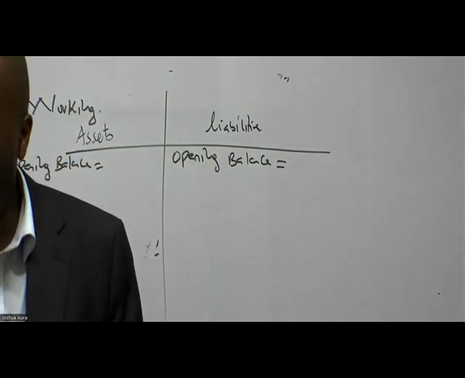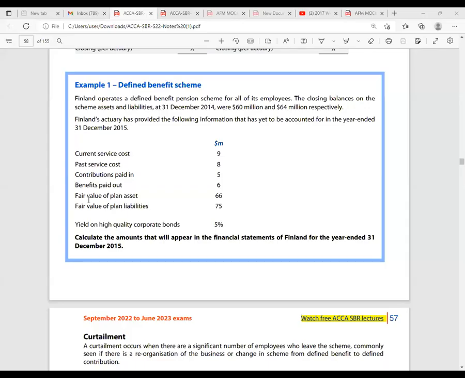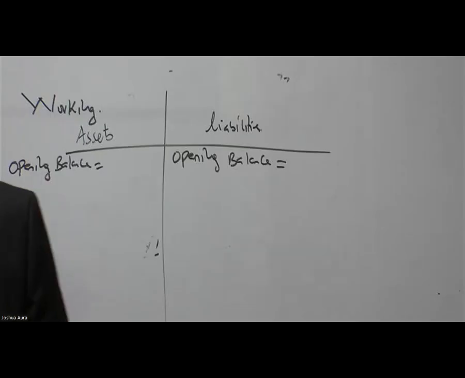Oh, yes, he has done this. They have told us the closing balances on the scheme's assets and liabilities at the end of 2014. Now we are in 2015, so the closing balances of 2014 must be the opening balances of 2015. For the assets and liabilities respectively, we have 60 and 64. That's a mark, low-hanging fruit: 60, 64.